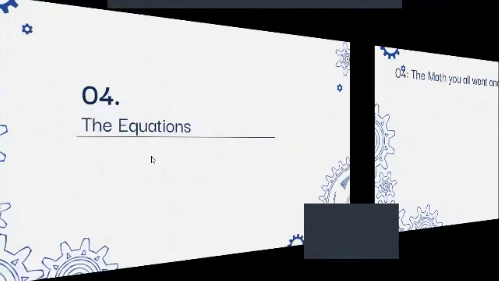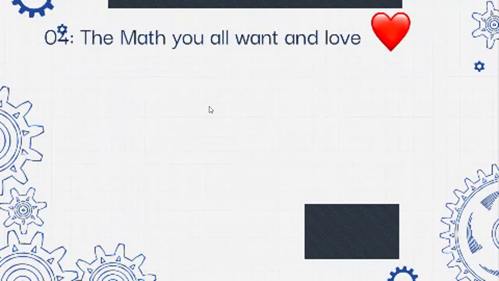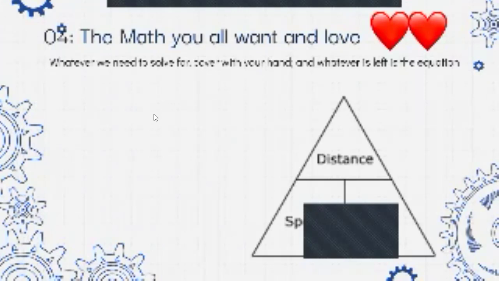All right, the equation. We already started to talk about this. We all know this math you all want and love. All right, so here's the triangle. Whatever you need to solve for, cover with your hand, and whatever's left is going to be the equation.